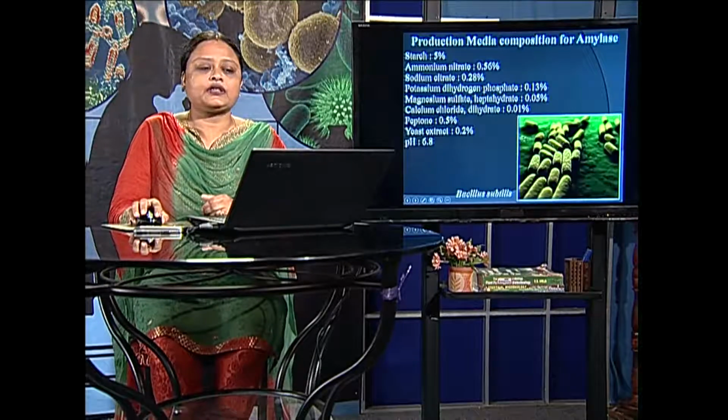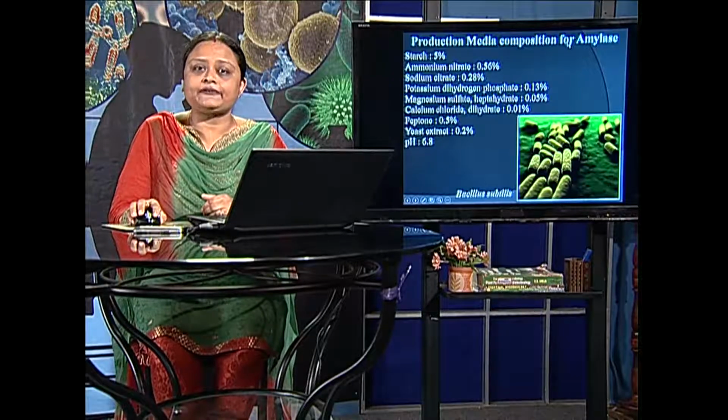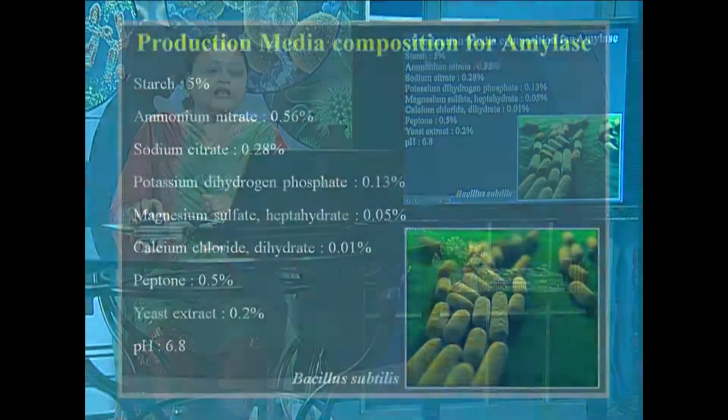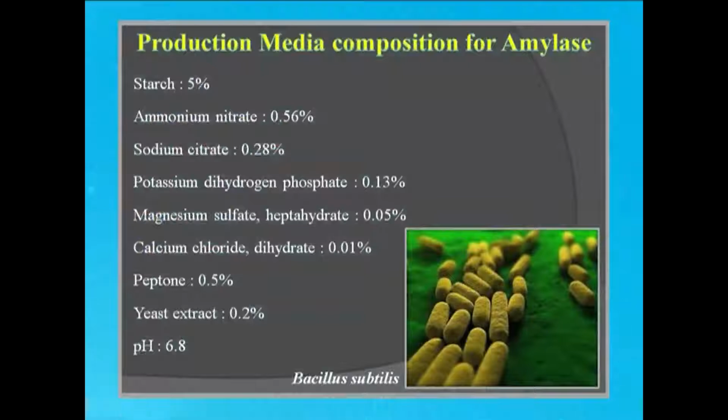Briefly, we will look into the media composition required for production of alpha amylase. This interestingly includes starch. Now, starch is a complex polymer as we have already seen, and this is the inducer required in the medium so that the organism of choice, that is Bacillus subtilis, produces the amylase. Generally, they may not produce excess amount of amylase in the medium, but we have to induce the cells by adding starch.